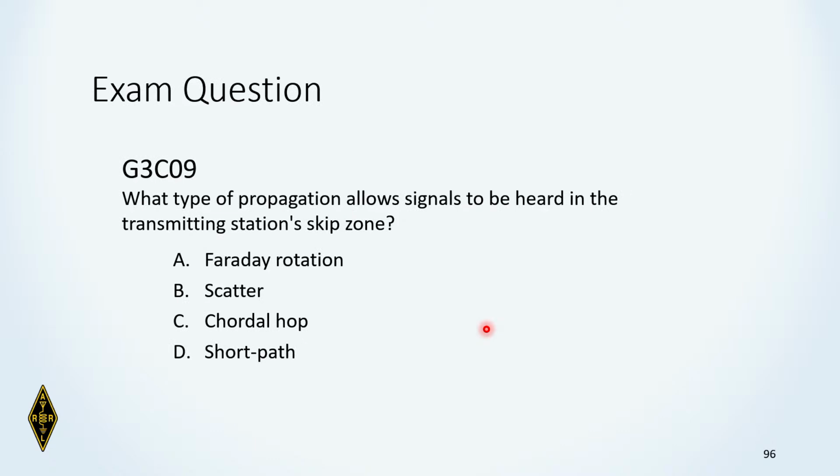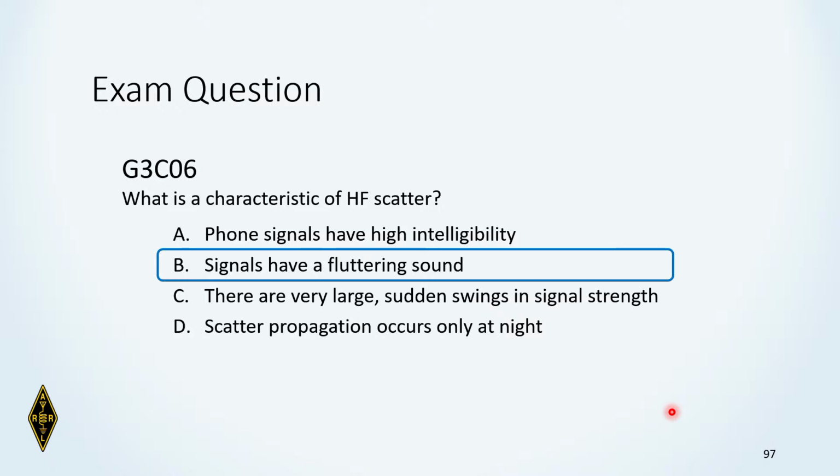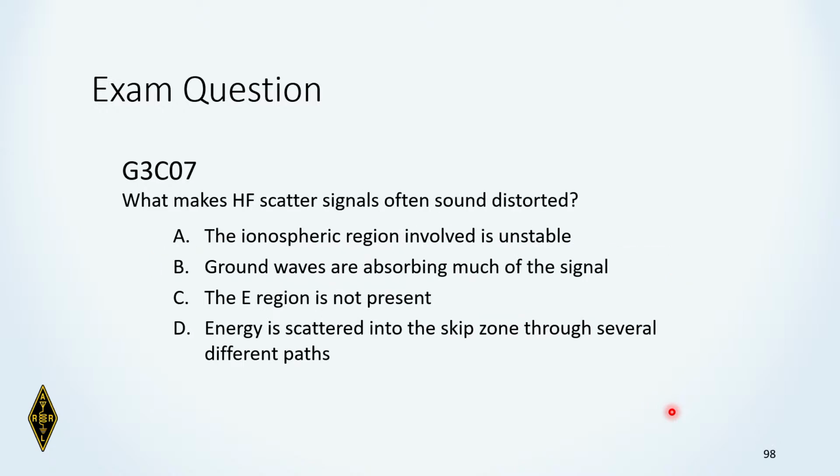All right, what type of propagation allows signals to be heard in the transmitting station's skip zone? Bravo. That's scatter, correct. What is a characteristic of HF scatter? Bravo. A fluttering sound. Yep. What makes HF scatter signals often sound distorted?